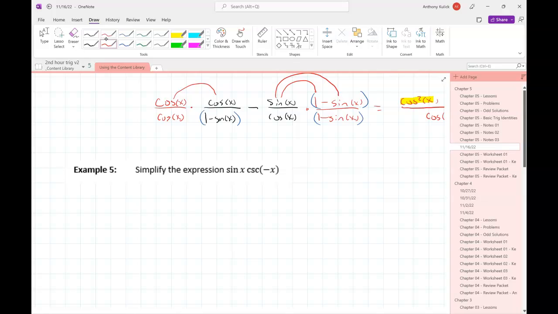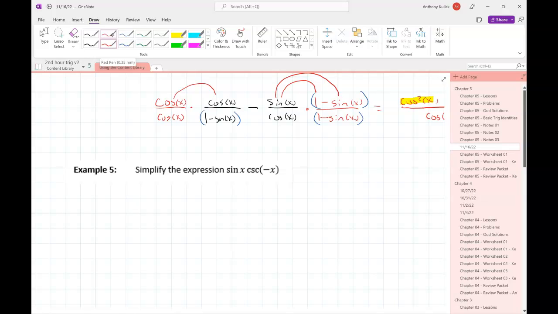So simplify the expression sine x times cosecant negative x. Anything algebraic that I can do here? No, I just have two things that are being multiplied together. There's nothing really I can do with that. What identity would you want to use here?